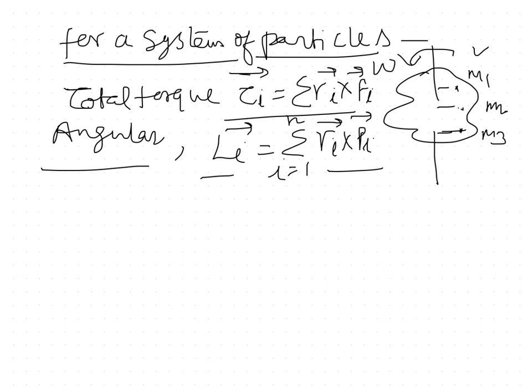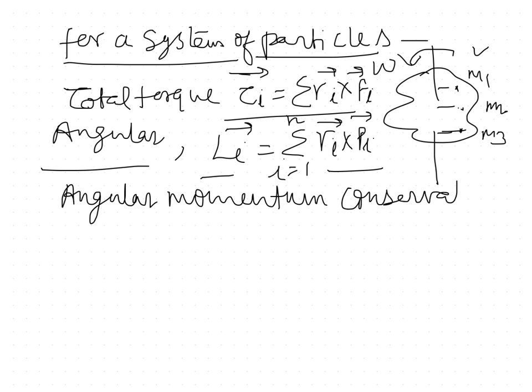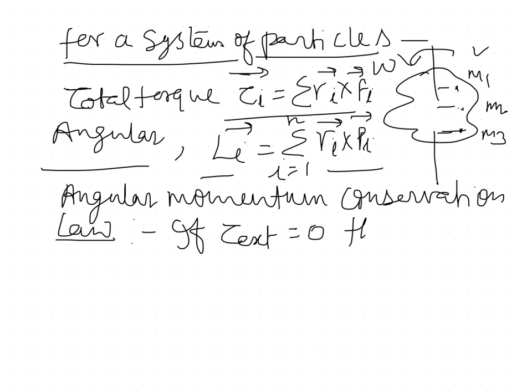So this is represented by a law called the angular momentum conservation law. And this law states that if torque acting on the object is 0, that is tau external is equal to 0, then angular momentum of the object remains constant.